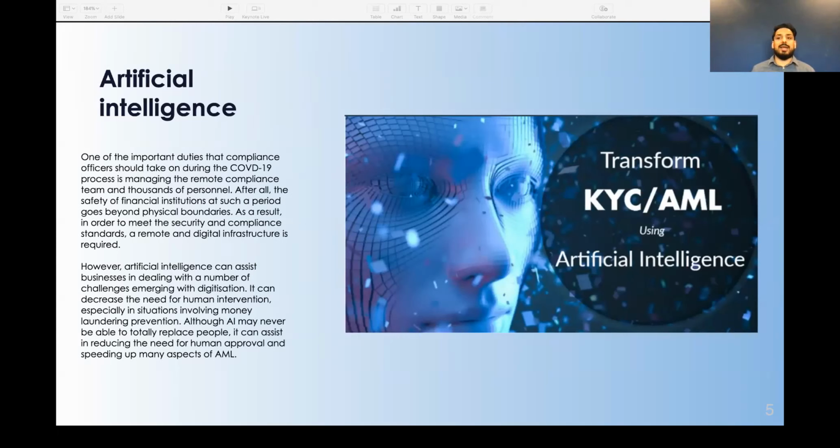Artificial intelligence. I think dealing with these new developments, what really was needed is that a lot of manual work needed to be automated.